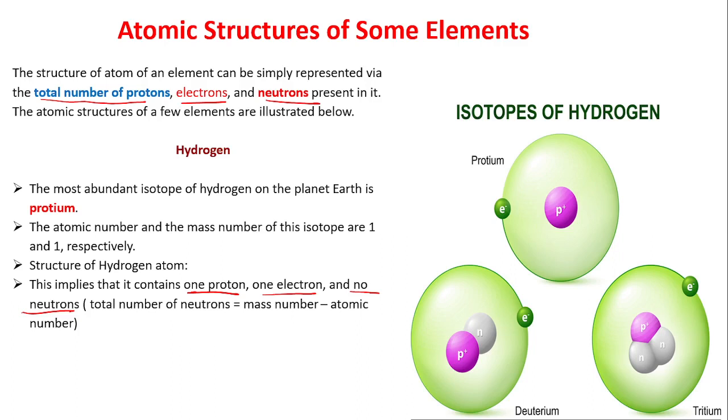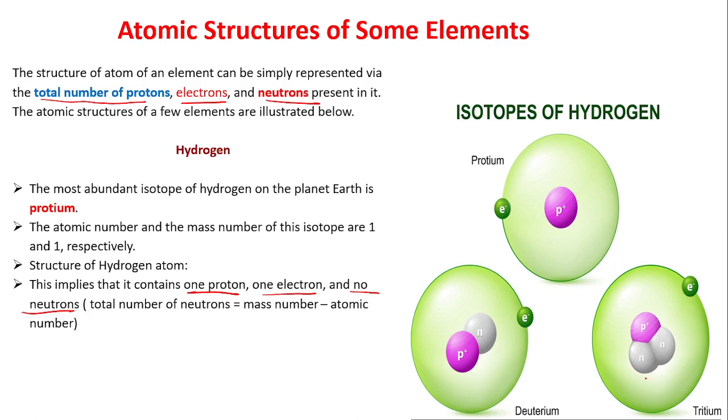So if you look at the isotopes of hydrogen, like I mentioned earlier, there is protium, there is deuterium, there is tritium. Protium only has 1 proton, 1 electron, no neutron. Deuterium has 1 neutron, 1 proton, 1 electron.